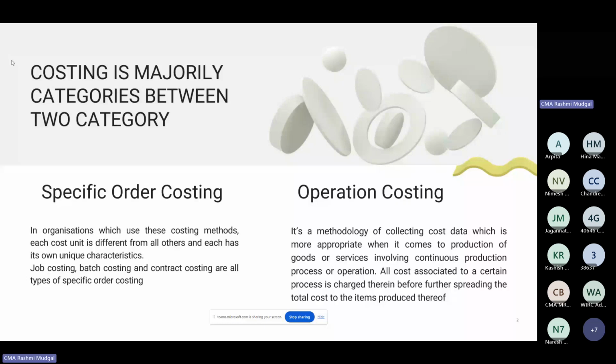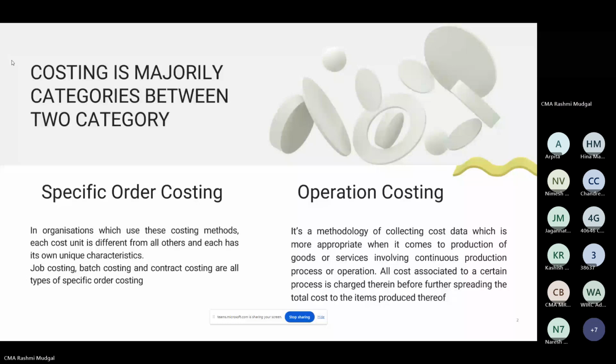We can be specific to some production, but it will be in big quantity. So in operating costing, we take the techniques and methods where the operations are more in mass production.